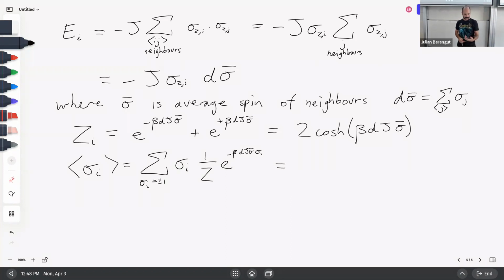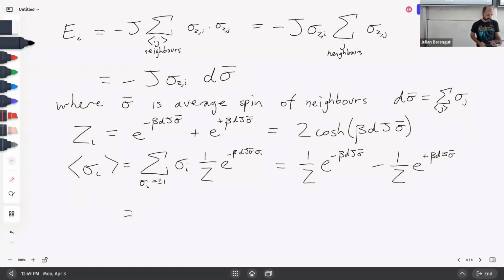And if I work out what that is, it's equal to, for sigma i equals plus 1, 1 over Z e to the minus beta DJ sigma bar. And then I've got to add the minus 1 case, so I get sigma i equals minus 1 times 1 over Z e to the plus beta DJ sigma bar. What's this guy?